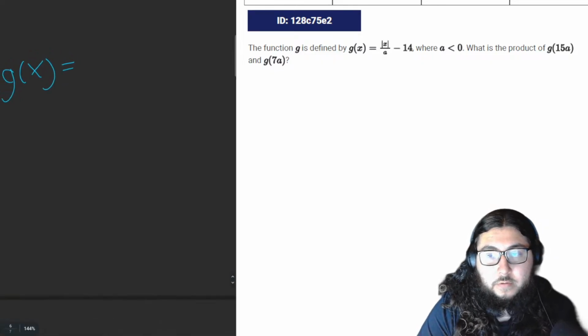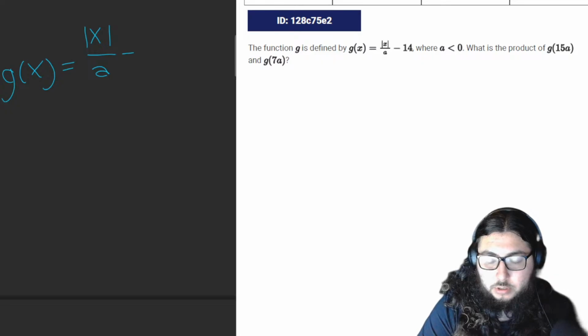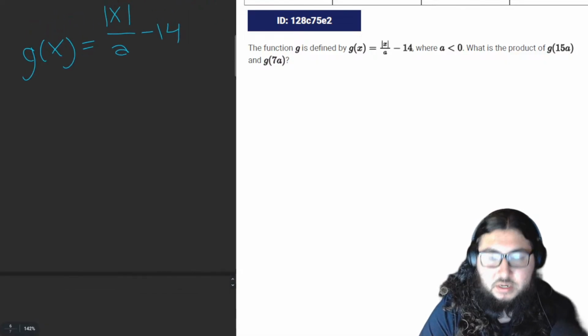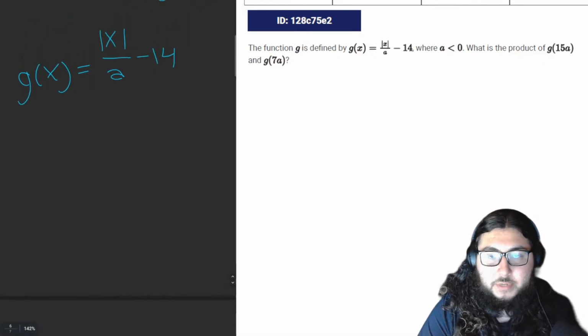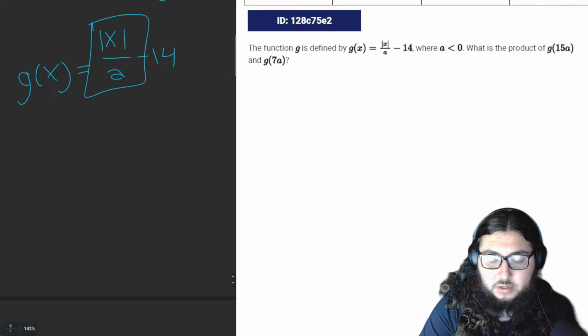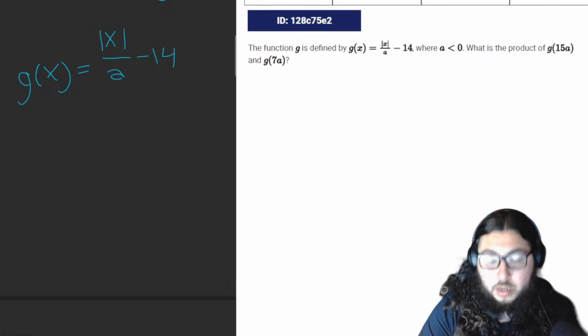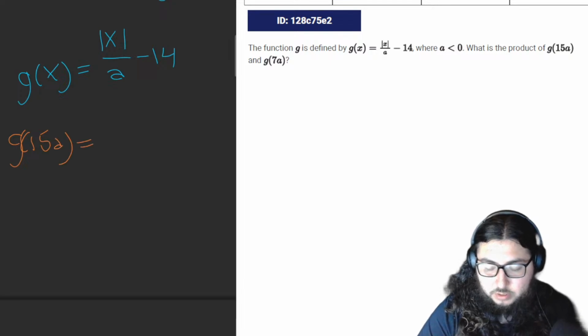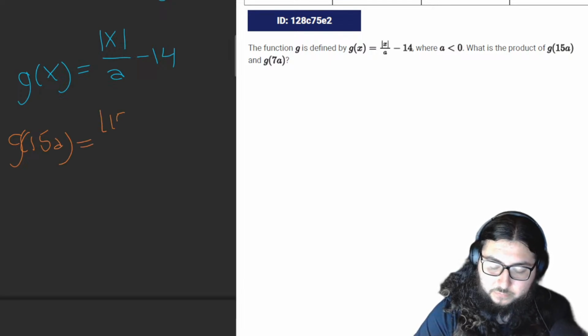So the product of g of 15a and g of 7a, first let's write our function. And recall that a is less than 0, because otherwise, if it were allowed to be equal to 0, this would be undefined. So I suppose that's why they included that. So g of 15a is going to be equal to just the absolute value of 15a over a minus 14.